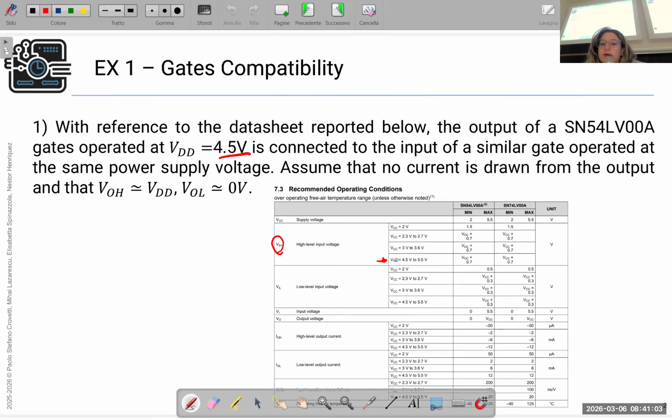We'll see here the row where VCC is equal to 4.5 to 5.5, which means that if you have a power voltage supply of 4.5 to 5.5 volt, you have to see these two values here. In case you have a VDD equal to 2 volts or other values, you can see other specifications here, which tell you which value of VIH to use in case of a different power supply voltage.